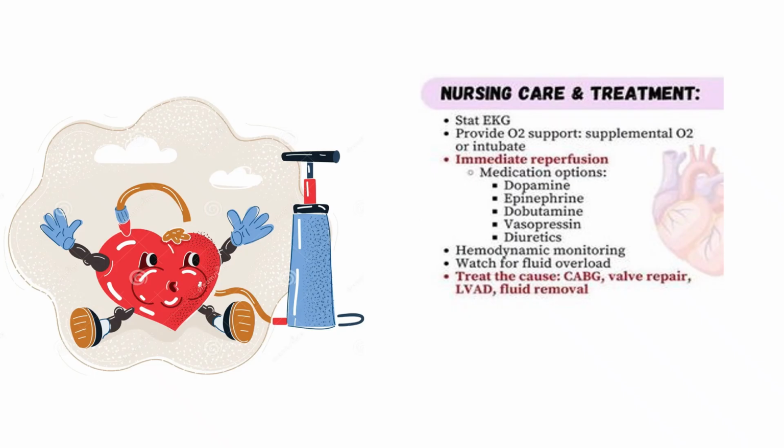You want to do very close hemodynamic monitoring, and you want to watch for those signs and symptoms of fluid overload. Sometimes you have to use something called a balloon pump, which is going to work to help support the ventricles until you can treat that underlying cause.